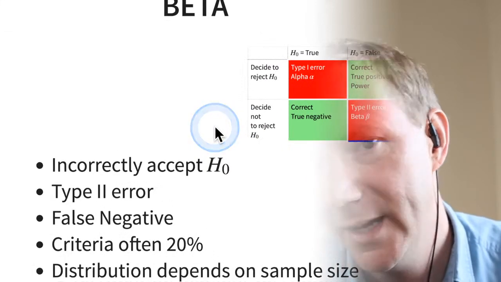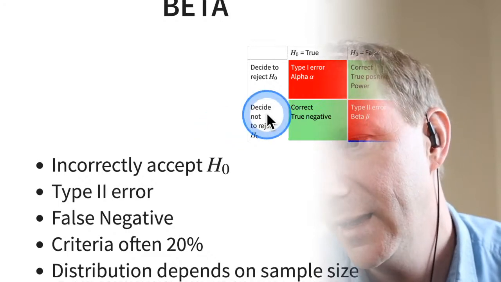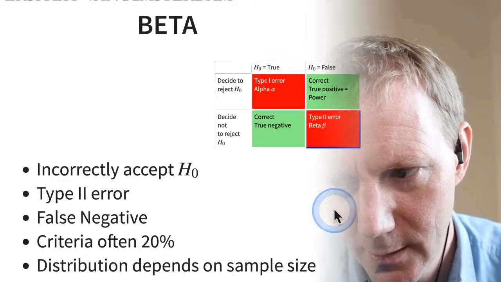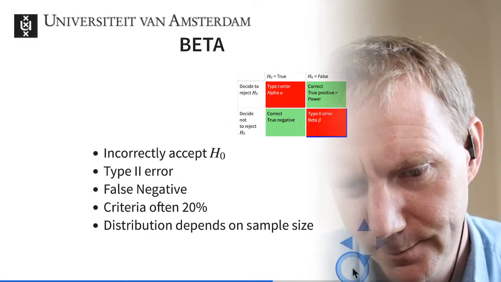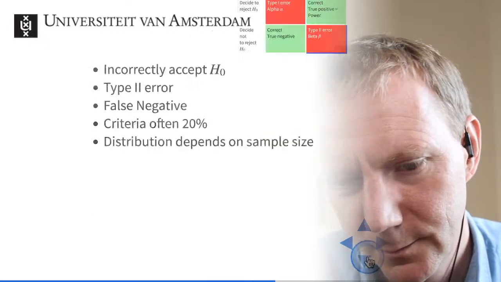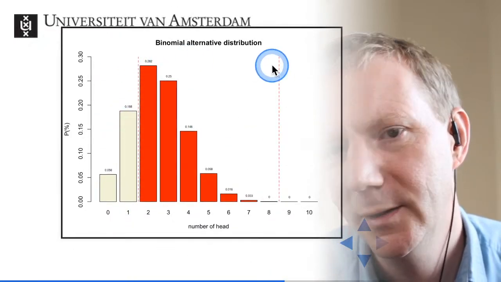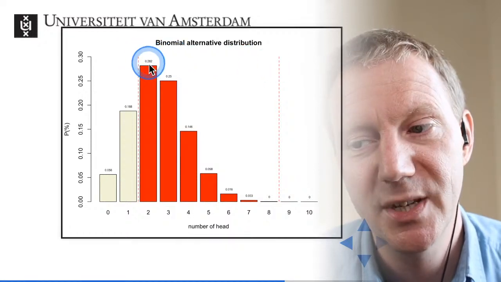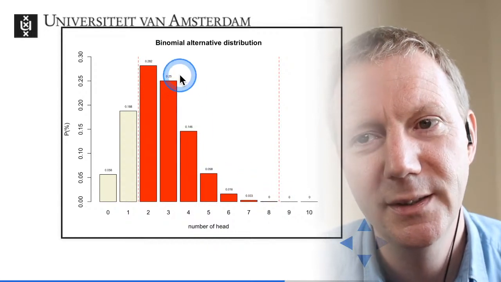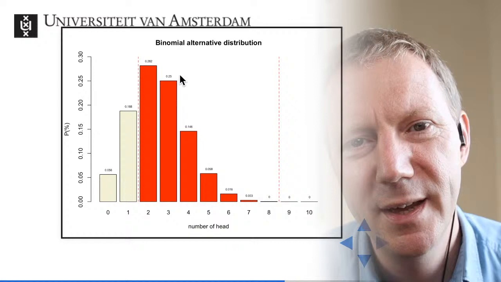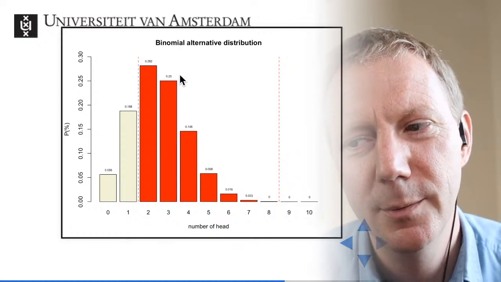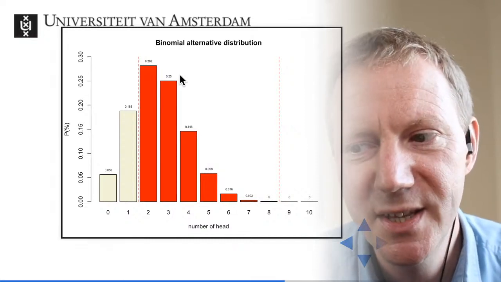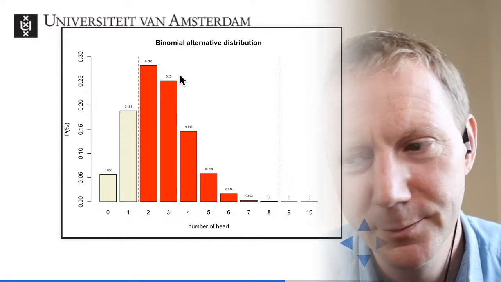So the area is inside, and the probability distribution in this case is the alternative distribution. And we find it in between the boundaries again. So it's not 20%, it's a very high probability. So for this alternative distribution, we could again increase the sample size to decrease this error rate.